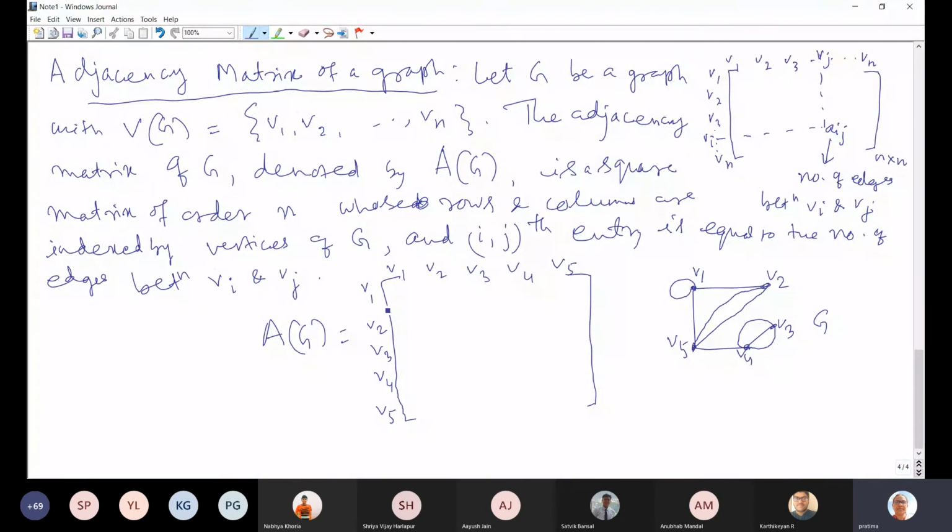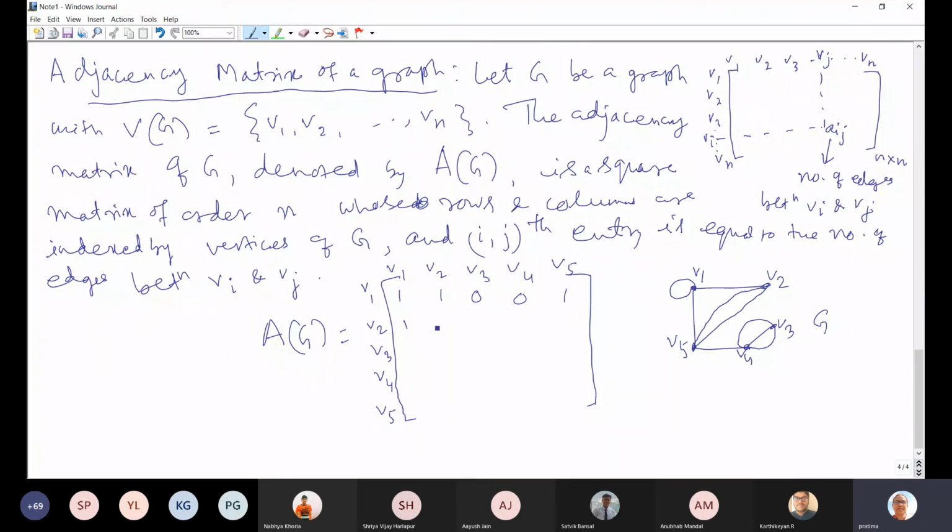Between V1 to V1, there is a self loop, so this will be equal to 1. And V1 to V2 you are having 1 edge. V1 to V3 no edges, that is 0. V1 to V4 that is also 0. V1 to V5 one edge is there, so that is equal to 1. Then V2 to V1, in fact this will be a symmetric matrix, right?